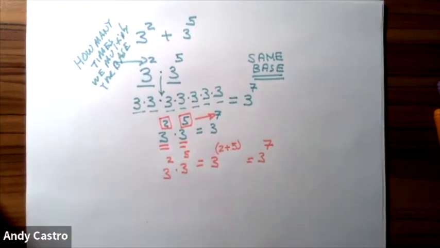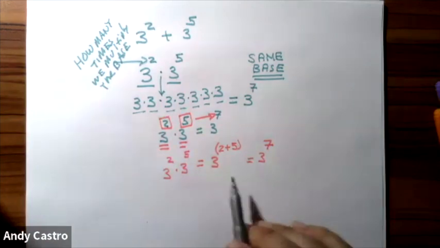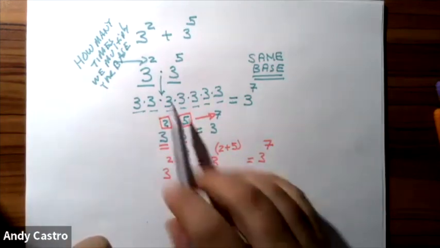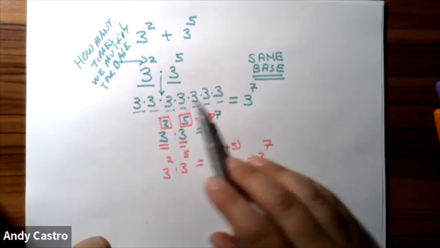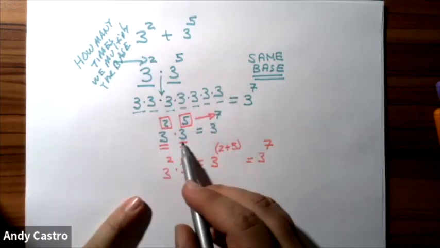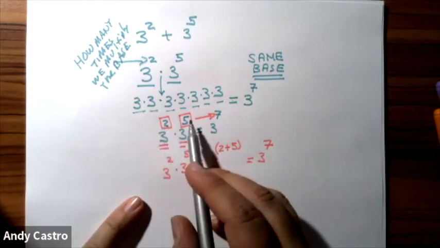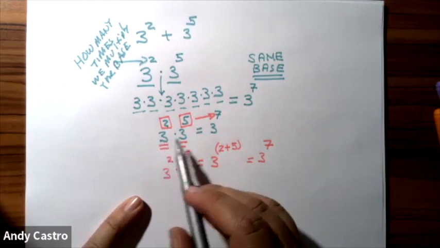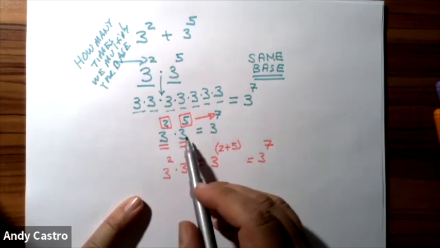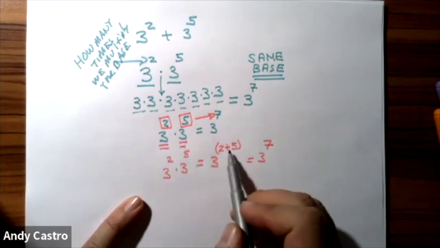This is very important because rather than having to write this out over and over and count them all up, we know that if we're multiplying things with exponents that share the same base, we can add their exponents.